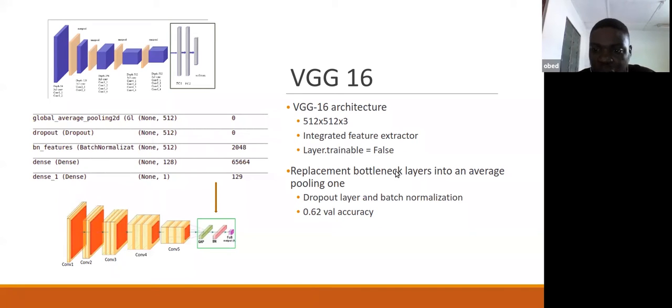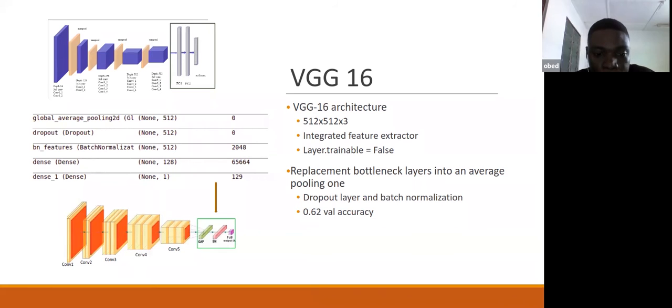So I just replaced the bottleneck layers with an average pooling one and then did some dropout. So after 10 epochs, I had 0.62 validation accuracy. Not so good, but it performed better.